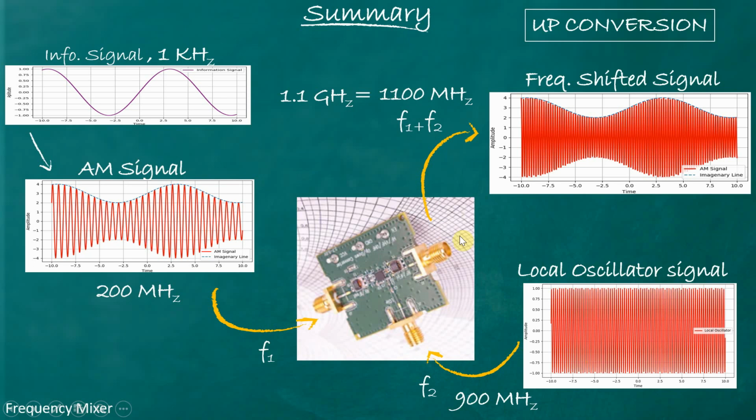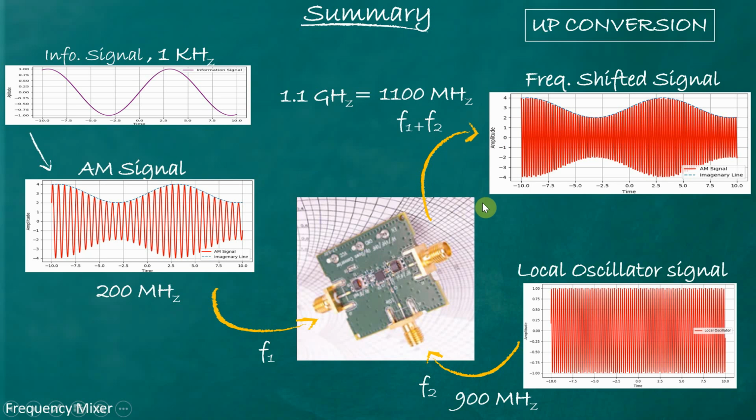So this mixer will generate the sum frequency, f1 plus f2, so it would be 1.1 gigahertz. This means this amplitude modulated signal will be translated to a very high frequency.